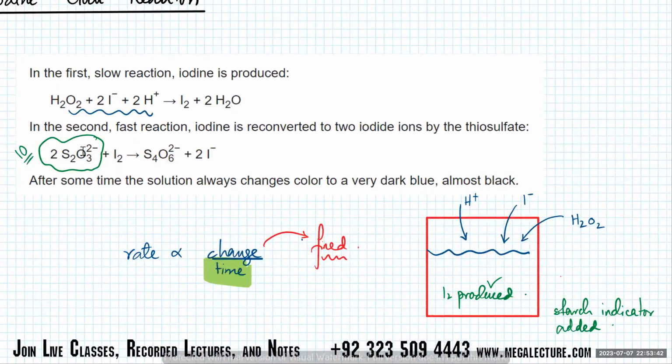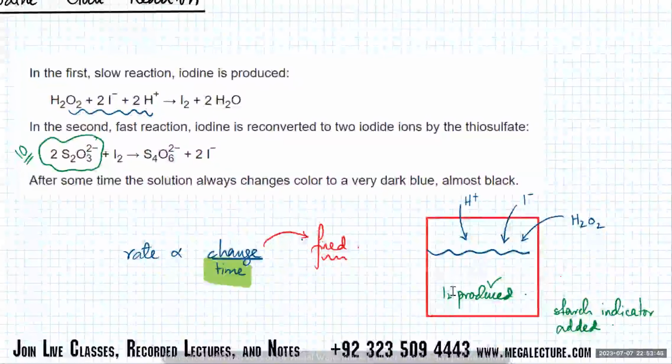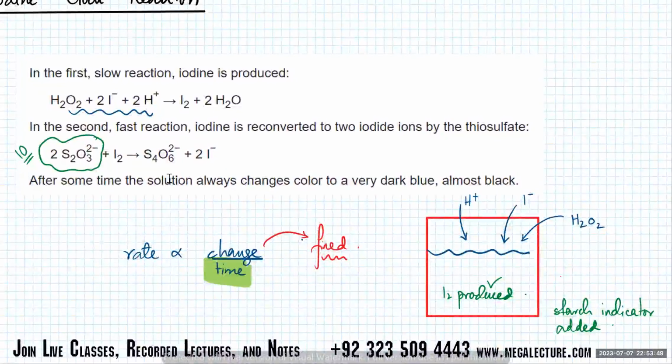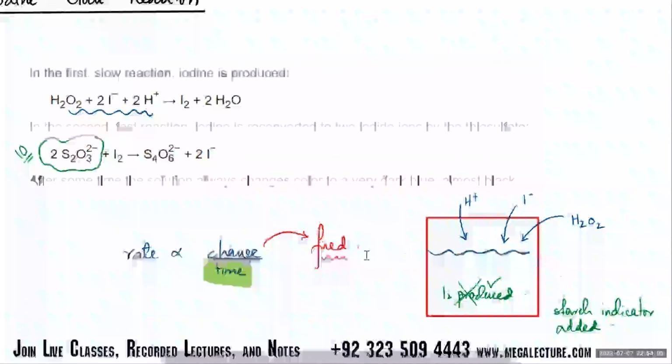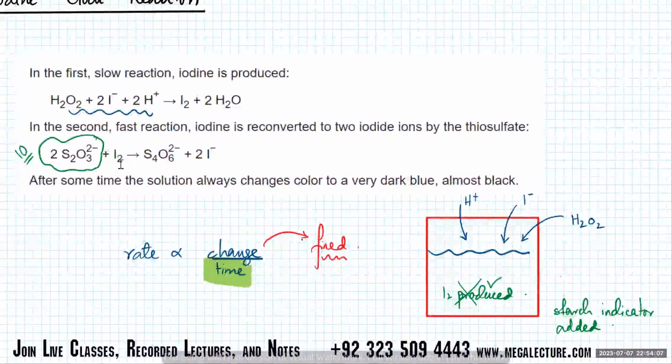The first 10 iodine, or 5, whatever the mole ratio is, the initial amount of iodine that gets produced in the first reaction immediately reacts with the thiosulfate and gets used up. So for the first few seconds, there is no iodine accumulating because all the iodine that's being produced is reacting with the thiosulfate. So the starch is not going blue-black. Is that clear?